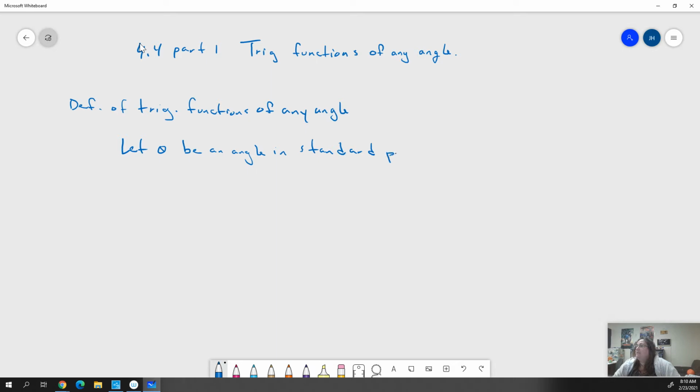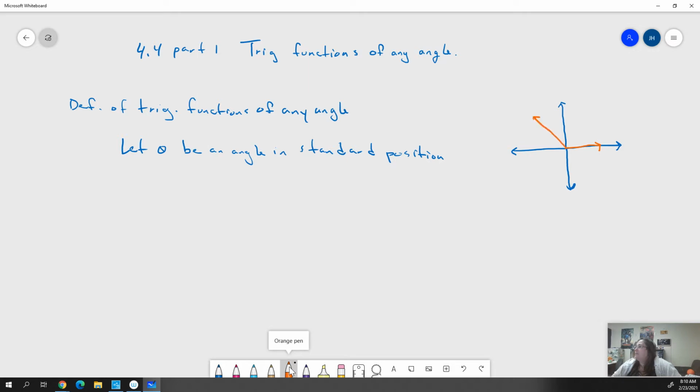What does an angle in standard position mean? It means if I have a straight line, I can draw this. An angle that's gonna start here, right? And then it can just go anywhere else, right?